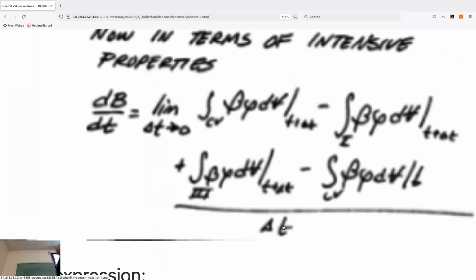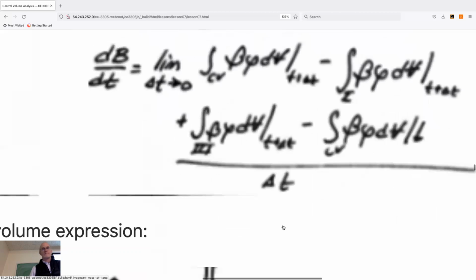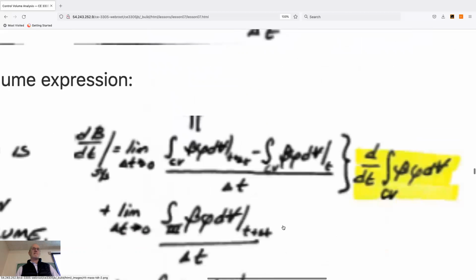So that's just the definition of the derivative stretched out to include the location 1, part 1, part 2, and part 3 at the new time interval minus the whole control volume of the old time interval, divided by the time interval.